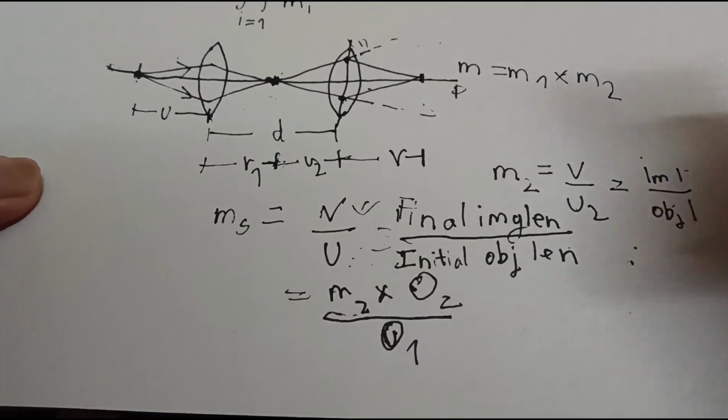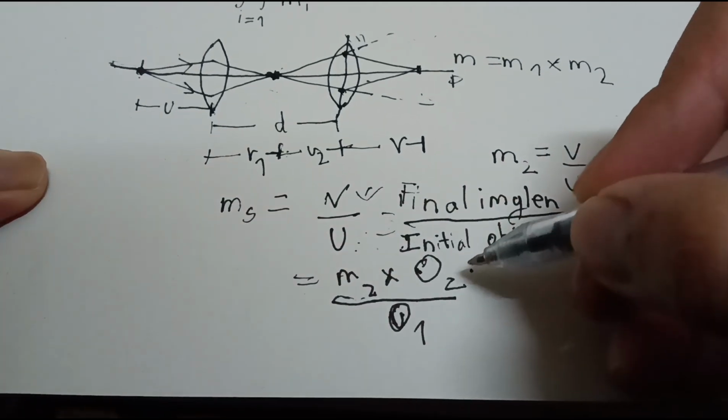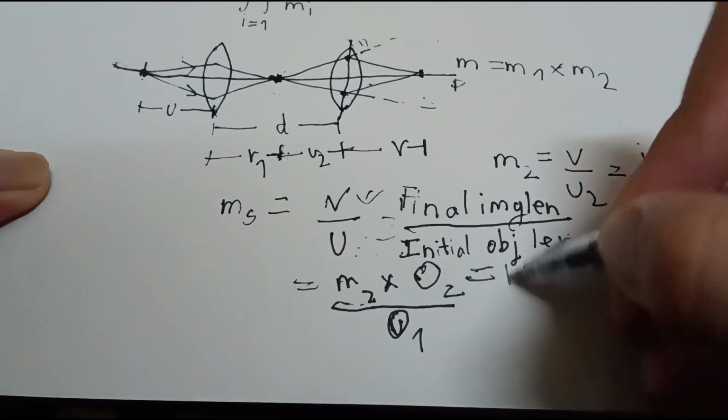Now part 2. What is O2? O2 is equal to I1.